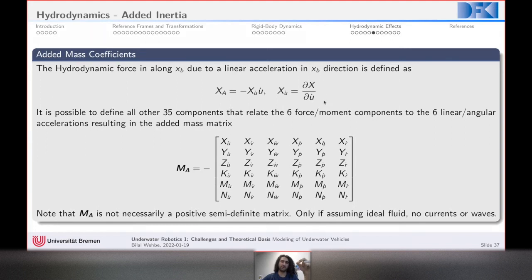If we take this and calculate these forces with respect to each component of acceleration, we have three linear accelerations and three angular accelerations, oh sorry, accelerations we're talking about here, not velocities, we can arrive at a full 36-component added mass matrix, of this form.